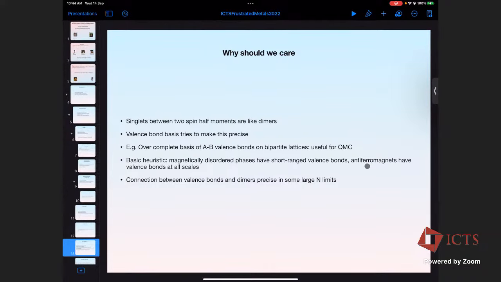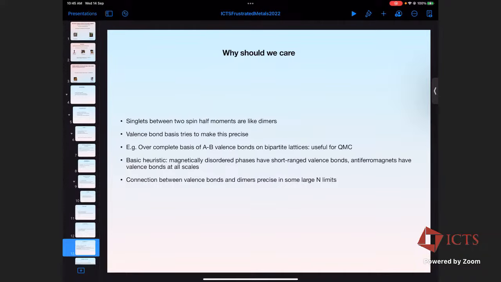So if you make some sort of histogram or probability distribution of the physical length of a valence bond, how far away is the B site that is matched to a given A site by a valence bond or a singlet, that actually decays as a power law in this basis for an antiferromagnetically ordered state, for example, the square lattice antiferromagnet. But if you have a magnetically disordered state, like a valence bond solid or a spin liquid, one expects that the ground state in this basis looks like it has short range valence bonds.